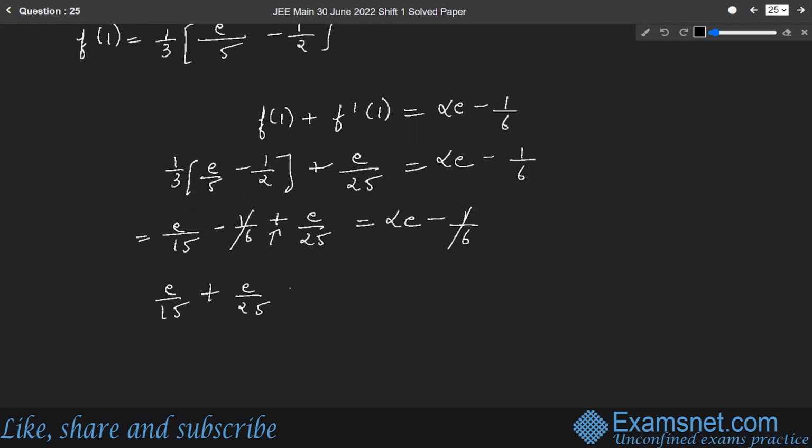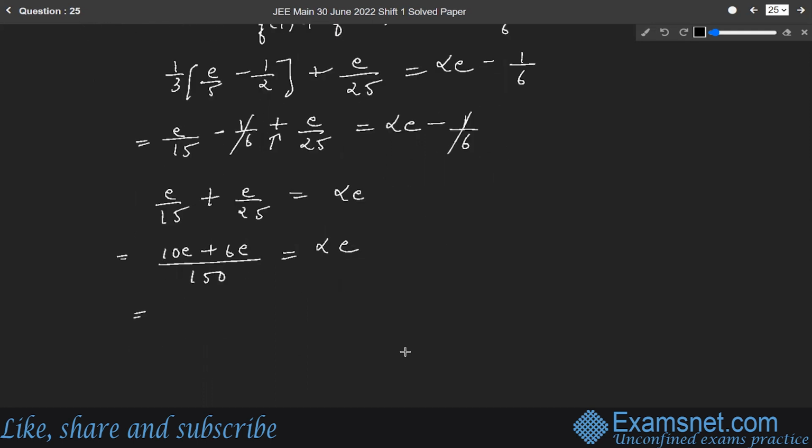Here there is a positive sign, right? It is equal to alpha into e. Now let us take the LCM. So LCM will be 15 into 25, right? So 15 into 25 will be 150. When we take the LCM, we have 10e plus 6e as the numerator, and the right hand side is alpha into e, right?